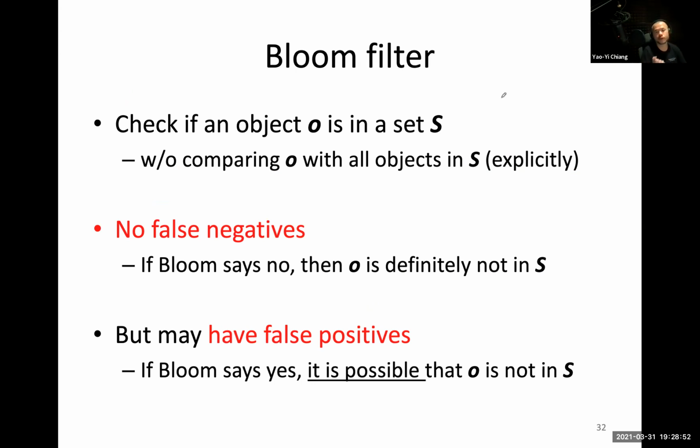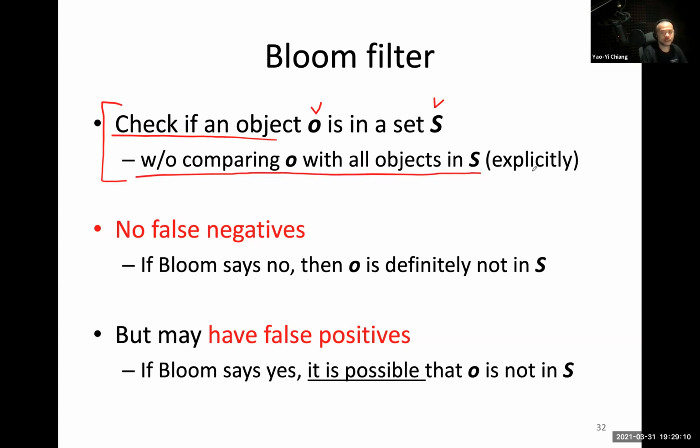It will just use a Bloom filter to give you an answer or as a filtering step. So the Bloom filter, formally, will check if an object O is in a large set S without comparing O with all objects in S explicitly. Either using hash or anything, it does not compare them.